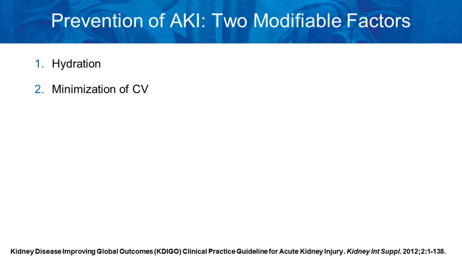You can modify the level of hydration, and you can modify the amount of contrast. So if you make sure your patient is well hydrated, you will automatically reduce the likelihood of acute kidney injury. Second, if you minimize the amount of contrast, you will reduce the likelihood of acute kidney injury. So let's go over these two factors over the next few minutes.